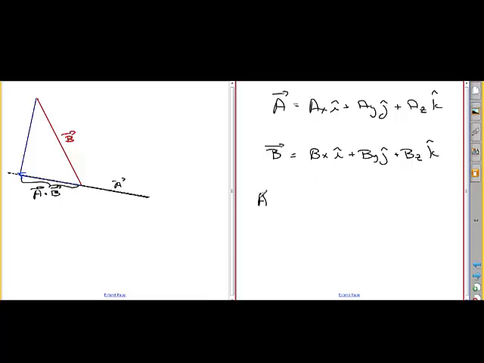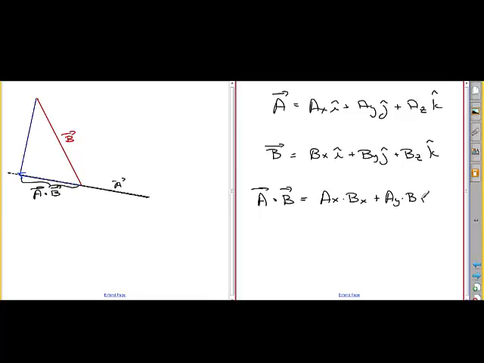So if I say what is the value of a dot b, what you do is you take the x components and you multiply them together, and you add that to the y components, multiplied together.